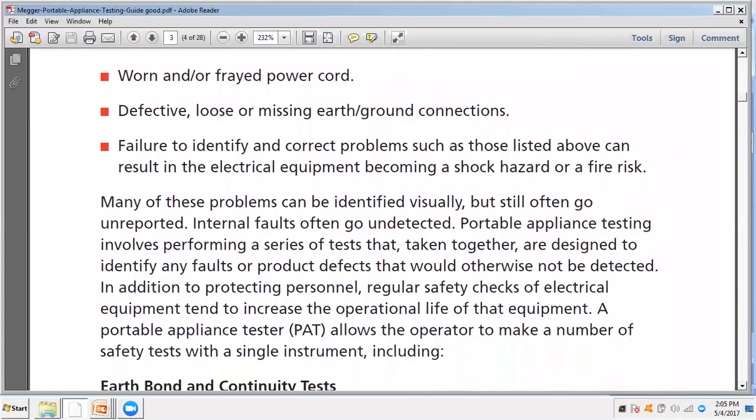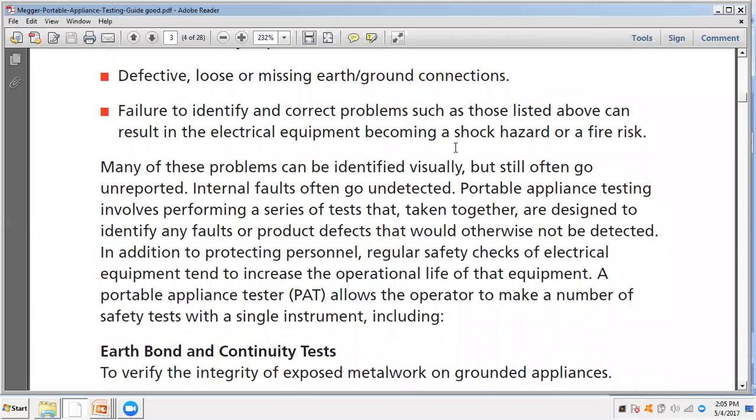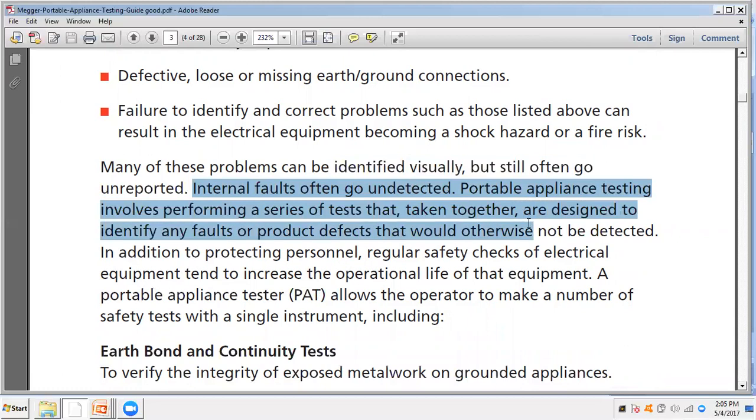Many of these problems can be identified visually but still often go unreported. Internal faults often go undetected. Portable appliance testing involves performing a series of tests that, taken together, are designed to identify any fault or product defects that would otherwise not be detected.